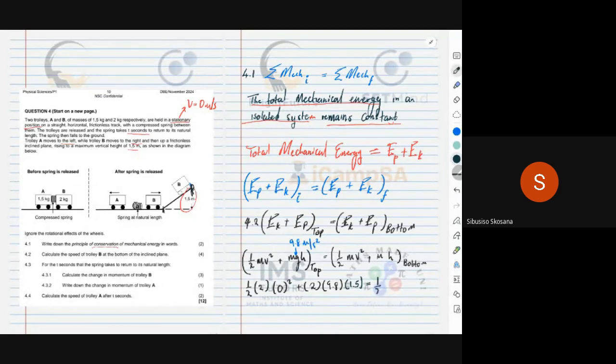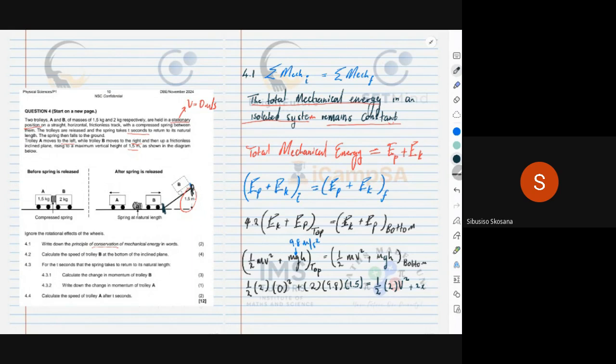Equals to 1/2 times 2 kg times v squared. Then plus, at this point the height is 0, so we can put 0 here, times 9.8.